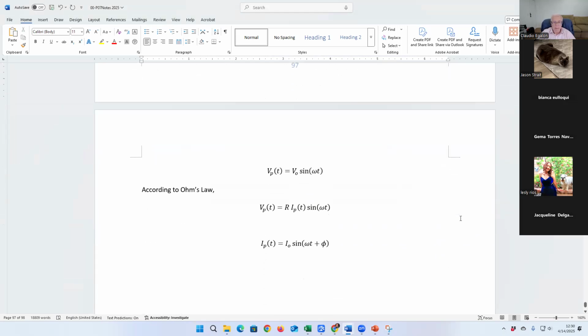Don't forget that V is equal to Ri, according to Ohm's law.